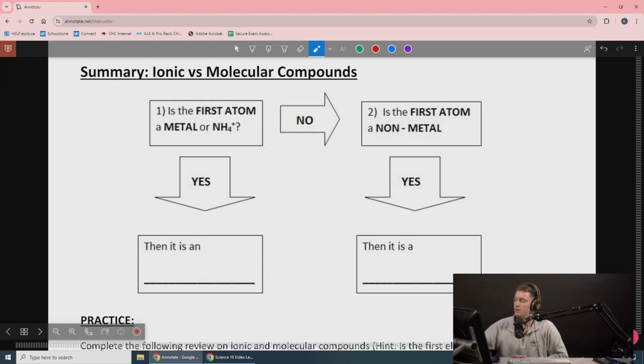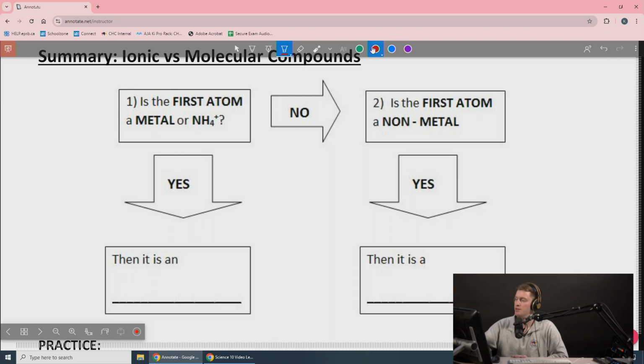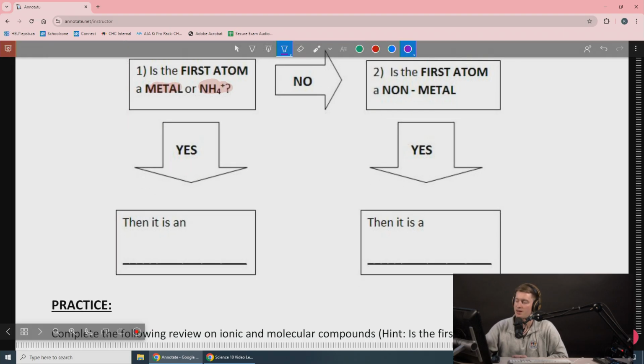Ionic versus molecular. Is the first atom in the compound a metal or the ammonium polyatomic ion? If the answer to that question is yes, then it is an ionic compound. So you will use no prefixes.